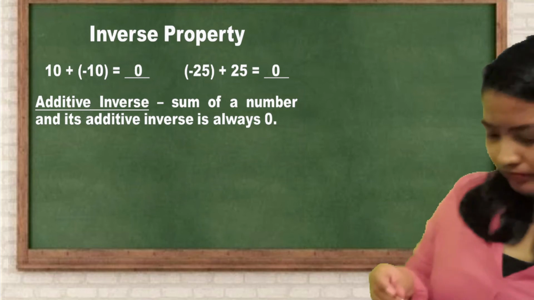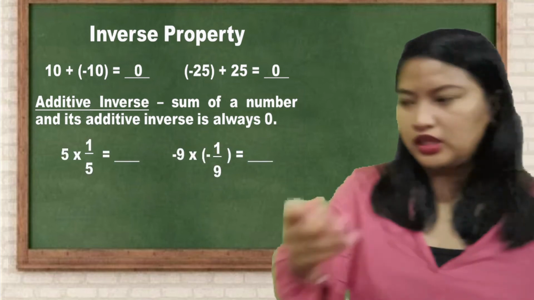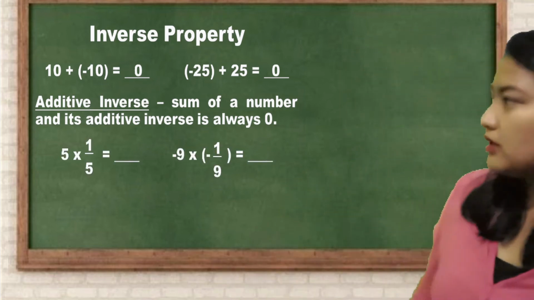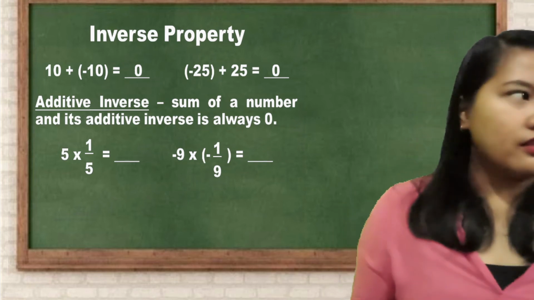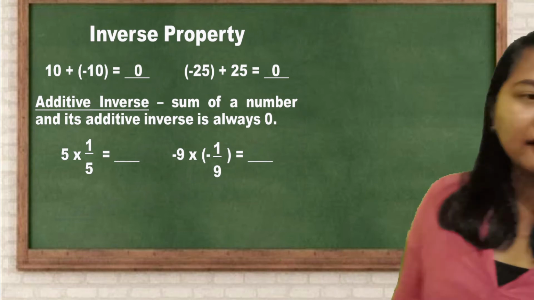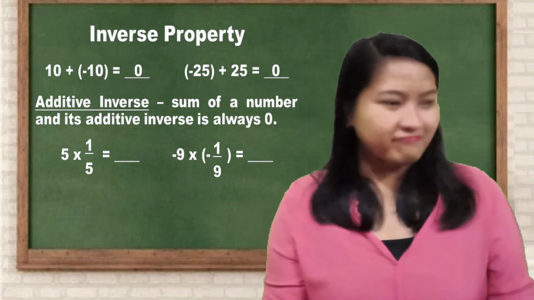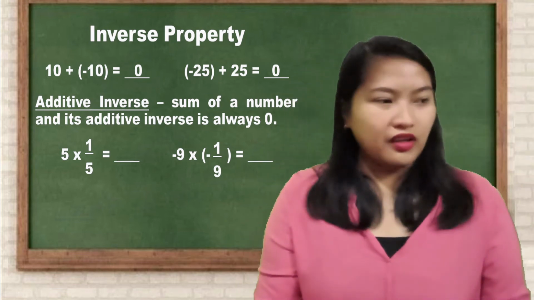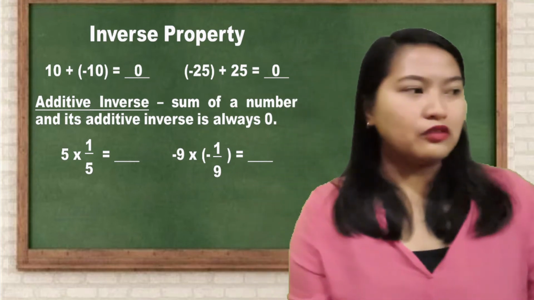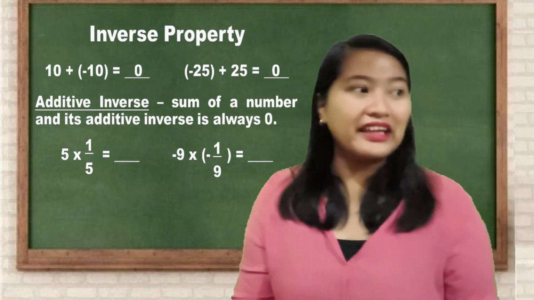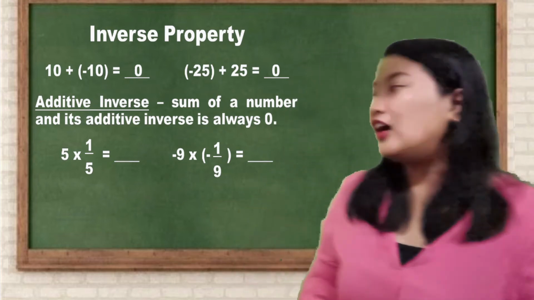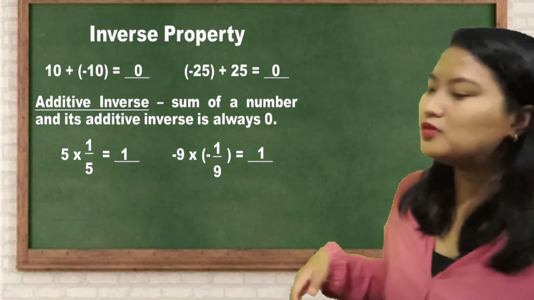Okay, let's have OG. OG, what is 5 times 1/5 equal to blank, and negative 9 times negative 1/9 equal to blank? Yes, OG. Okay, very good. If you still remember how to solve a whole number multiplied by a fraction, you will get the correct answer. Correct. You got 1 and also 1.